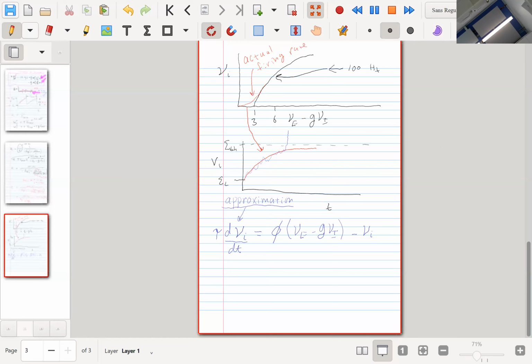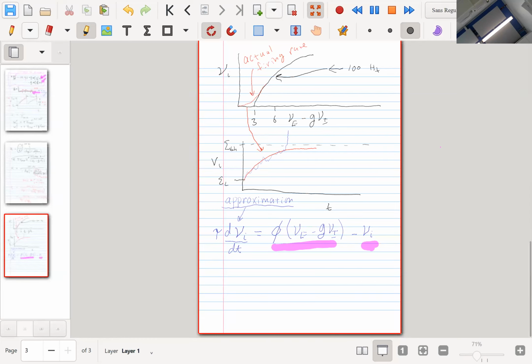It should probably be good when nu I is close to its equilibrium value. What it tells us is, if phi is bigger than nu I, then the firing rate is going to increase. If it's smaller, the firing rate decreases. And in equilibrium, we get what we had before: nu I equals phi. So the equilibrium value is correct.